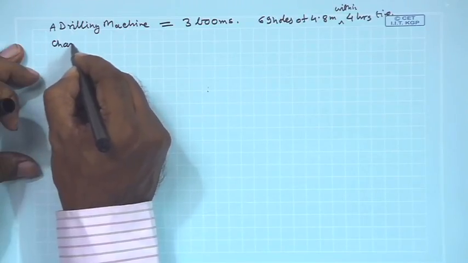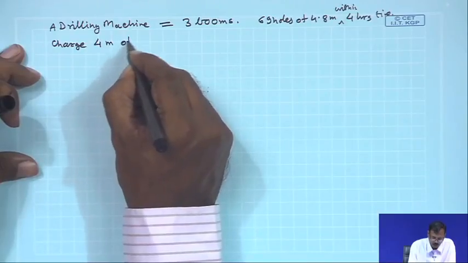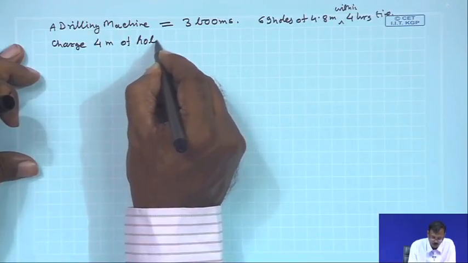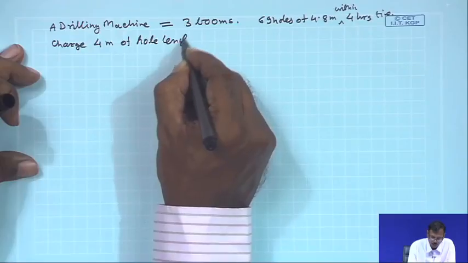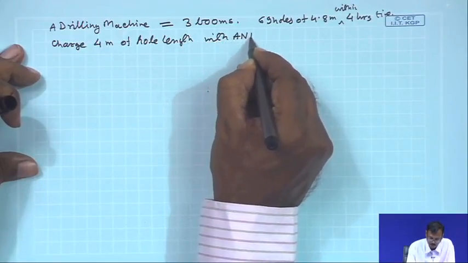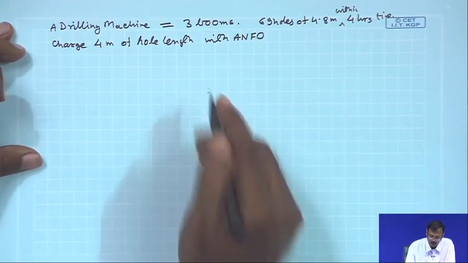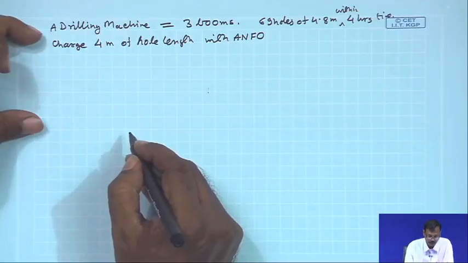And it is given that we need to charge 4 meter of hole length with ANFO. So, let us see how much explosive will be consumed by this 4 meter length.